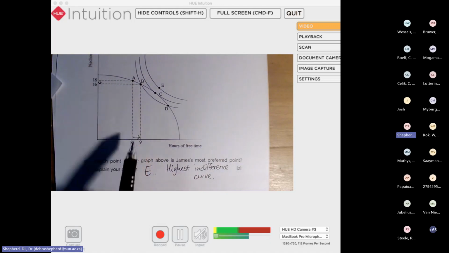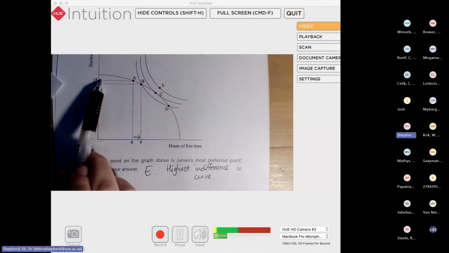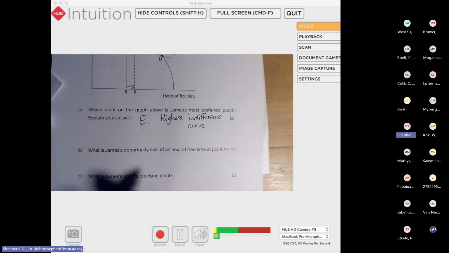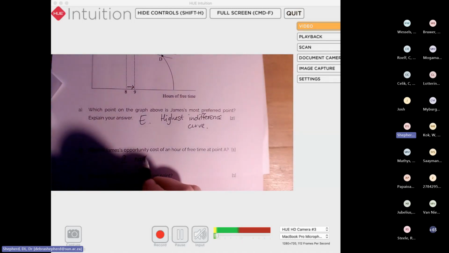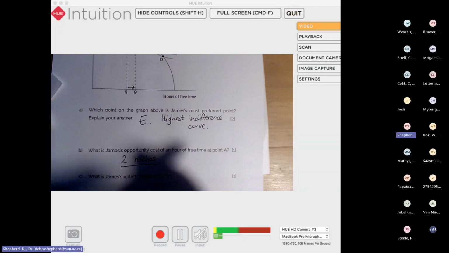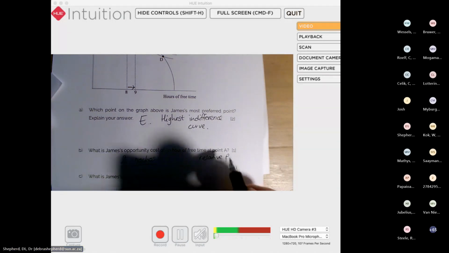At point A, if he chooses 1 more hour of free time, he gives up 2 nachos. So that is the opportunity cost, 2 nachos.